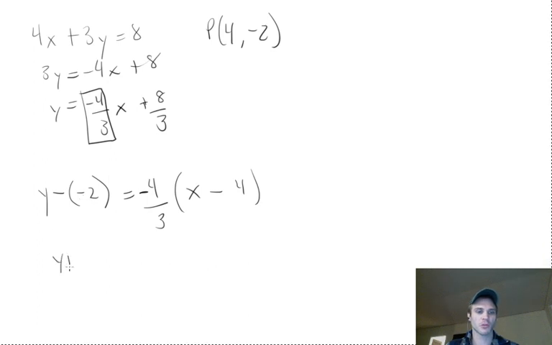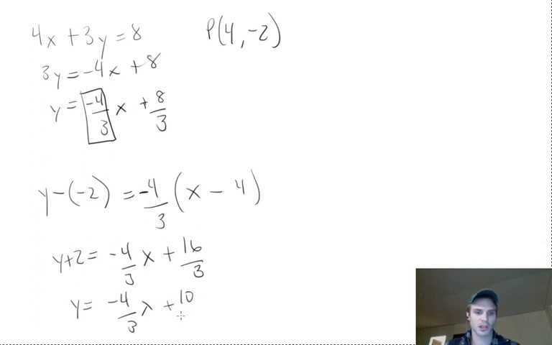And then this becomes y plus 2 equal to negative 4/3 x plus 16/3. And then we're going to subtract 2. We get y equals negative 4/3 x plus 16 minus 6 is plus 10/3.